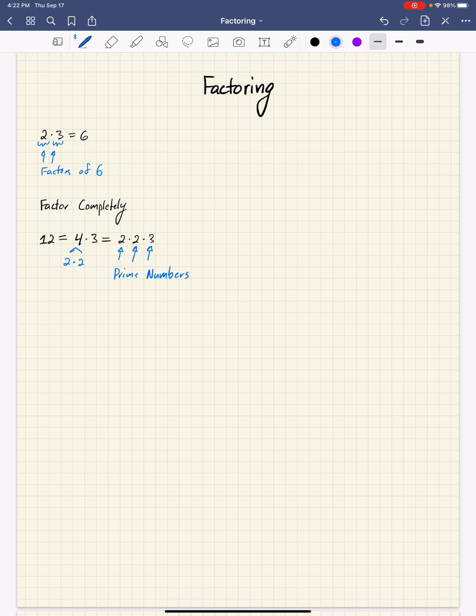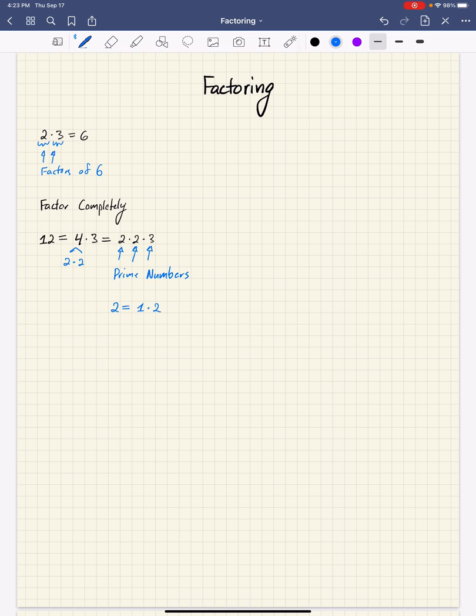And a prime number is a number that can only be made through multiplication by multiplying 1 by itself. For example, the number 2. The only way you can make 2 with multiplication is 1 times 2.